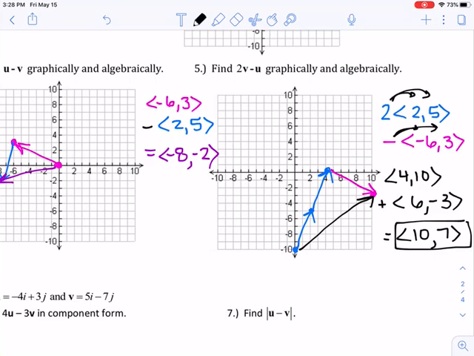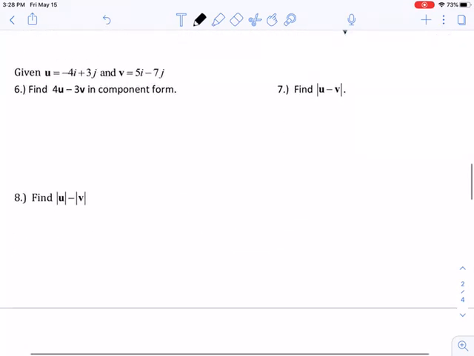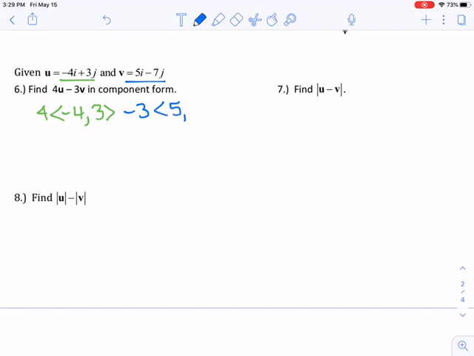We can also find our sums and differences and our magnitudes in our i and j form. So for 6, 7, and 8, we're given vector u, which is negative 4i plus 3j, and vector v, which is 5i minus 7j. If it asks me to find it in component form, that's with my pointed parentheses. So let's start off with taking our vector u and multiplying it by 4. So 4 times the vector negative 4, 3 minus 3 times my vector 5, negative 7.